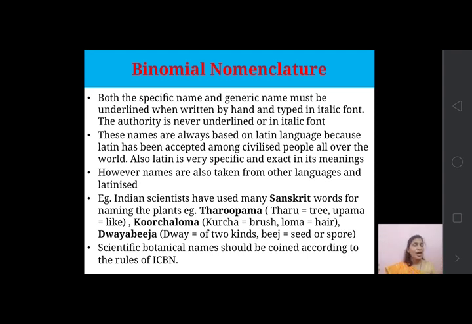After giving a name to a particular plant, only then do you put that plant into a classification scheme. So this is about binomial nomenclature, which is a part of taxonomy. This is the end of this lecture. In our next lecture we will see the other part of taxonomy.